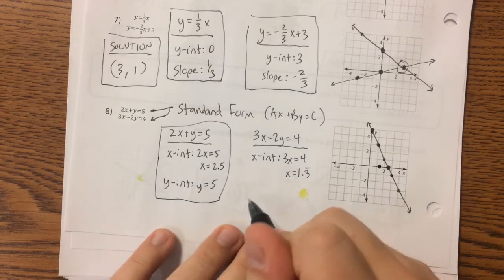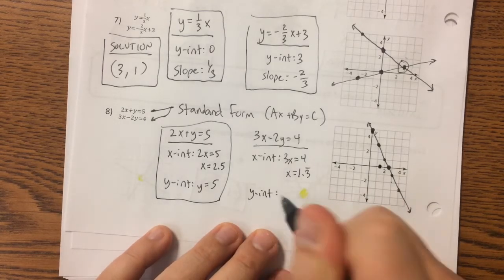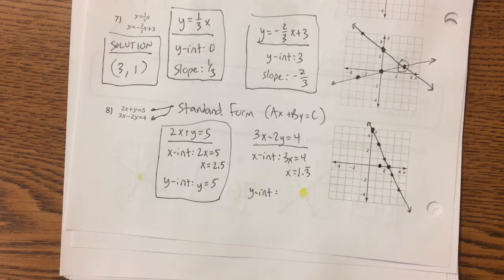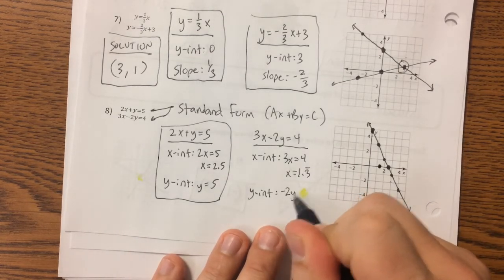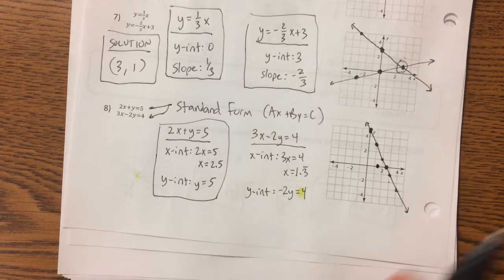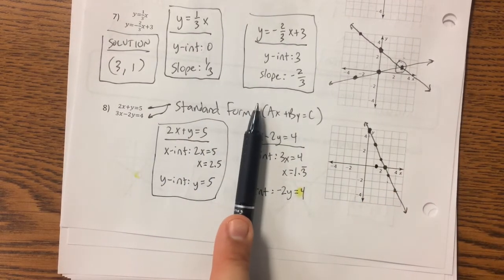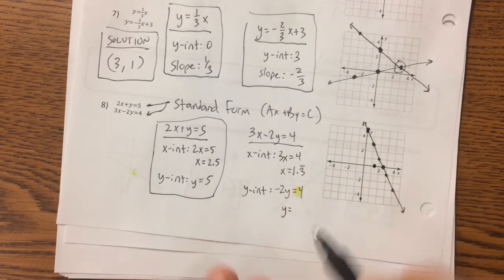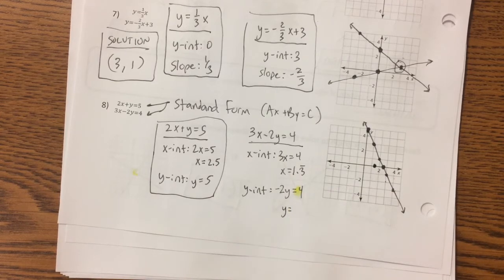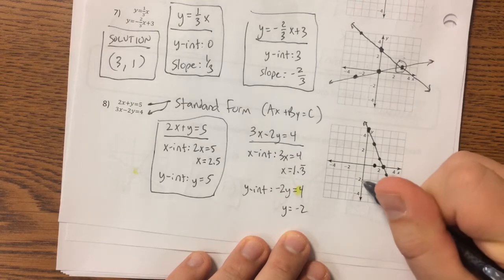And let's find the y-intercept. So the y-intercept is going to be, let's see, -2y equals 4. So if we cover up the x, if -2y equals 4, what does y equal? What's 4 divided by -2? -2. So the y-intercept is -2.